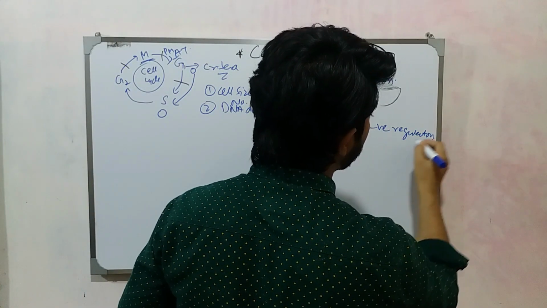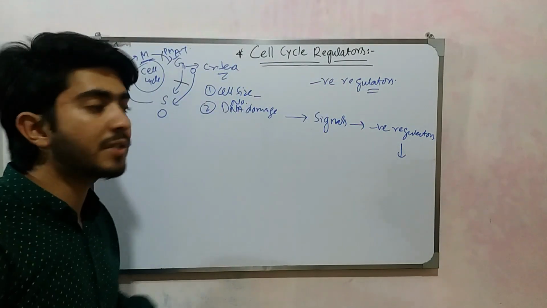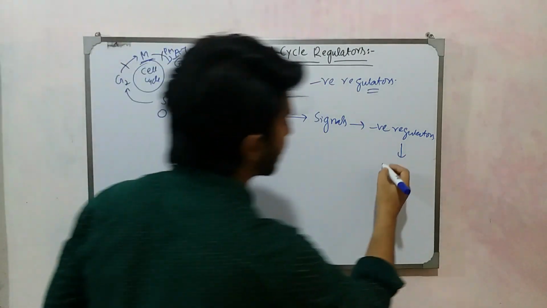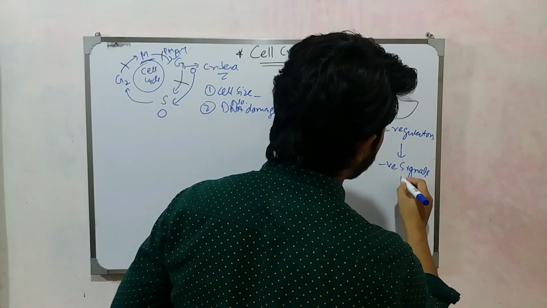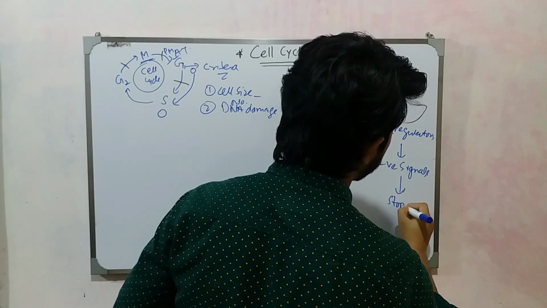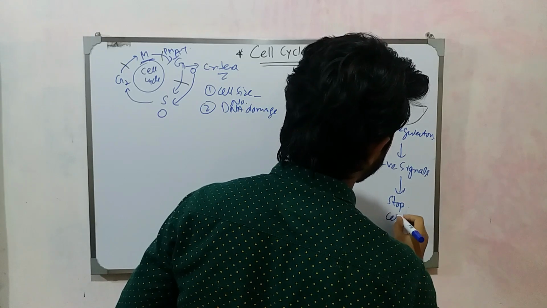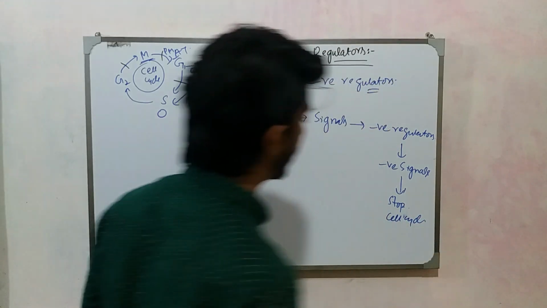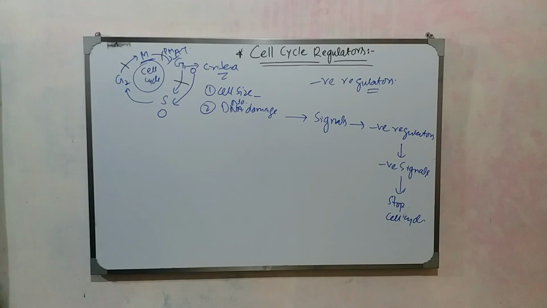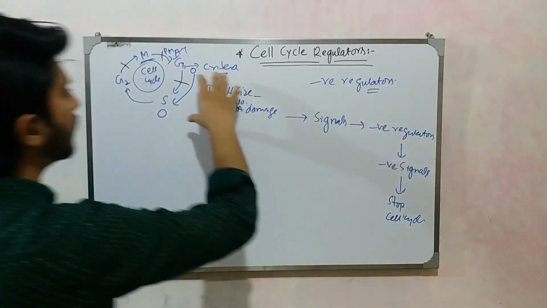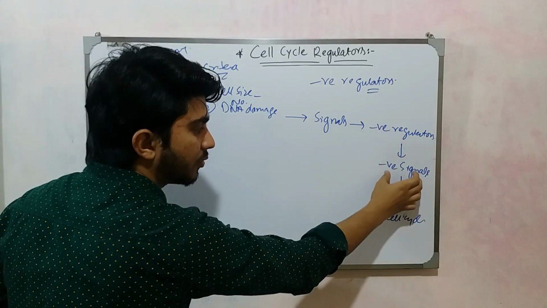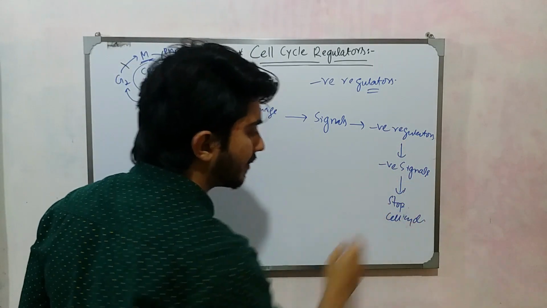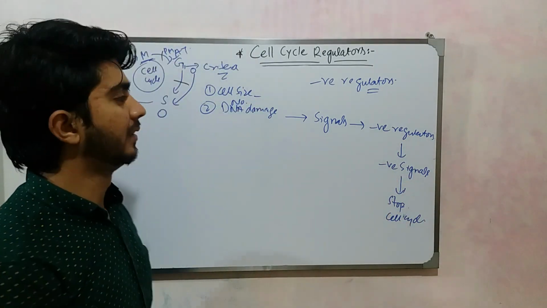The negative regulators then do their work and send negative signals, and these negative signals then stop the cell cycle. This is the main overview of how the negative regulators work.